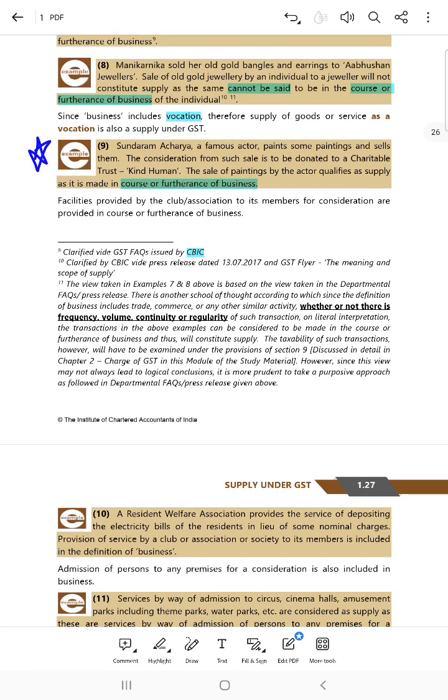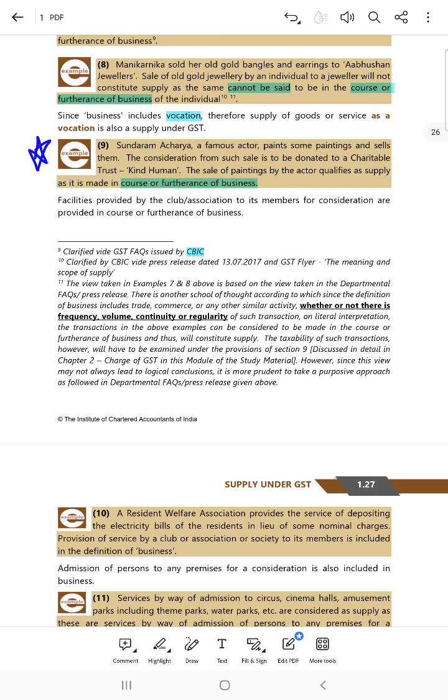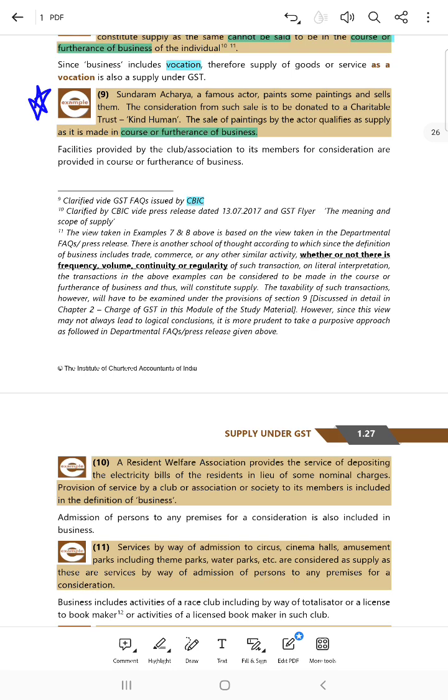The view taken in 7 and 8, then what is that? The departmental FAQ. There is another school of thought according to which, since the definition of business includes trade, commerce, or any other similar activity, whether or not there is frequency, volume, continuity, regularity, or literal interpretation, the acceptability of such transaction, however, will have to be examined under the provision of section 9, discussed in chapter 2.